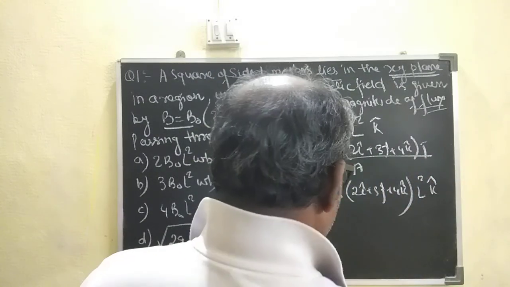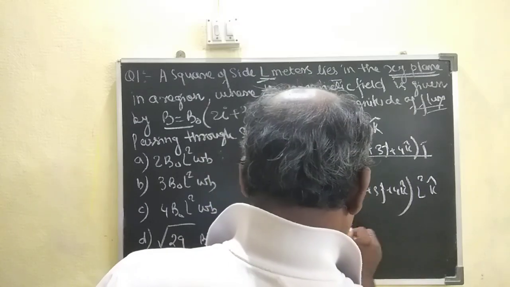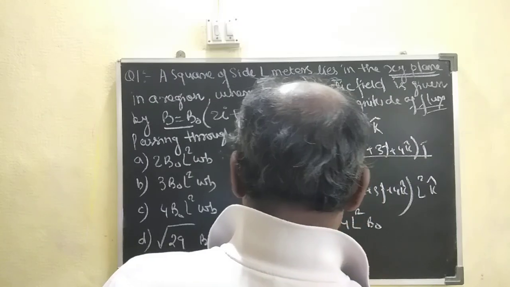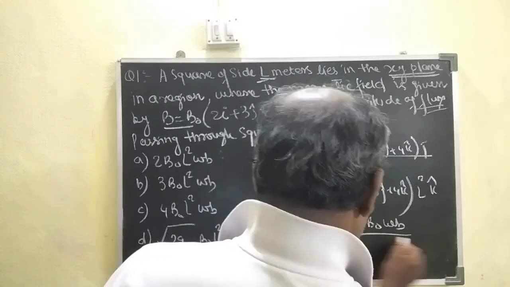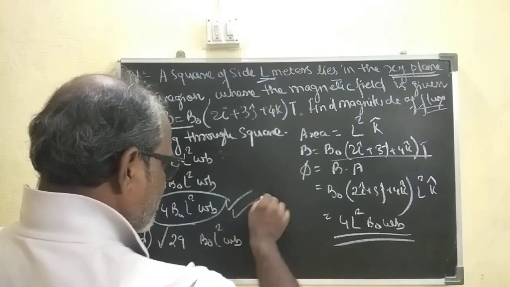If you multiply this, we get 4 L square B naught, 4 L square B naught Weber. So our option C is the correct option.